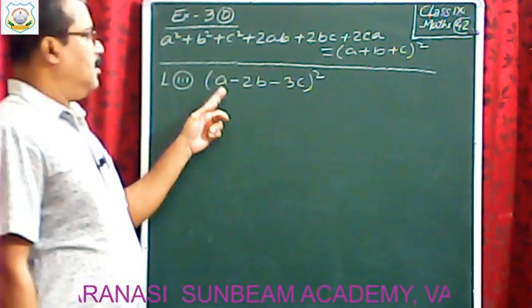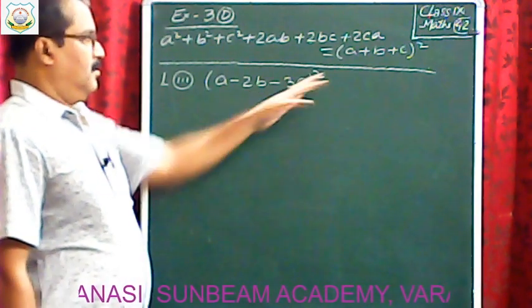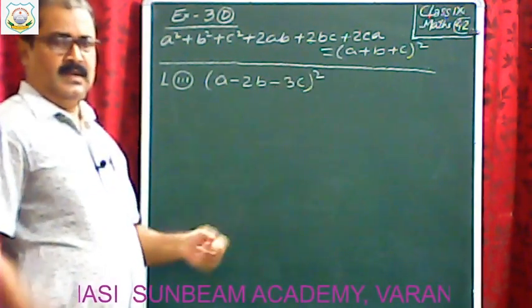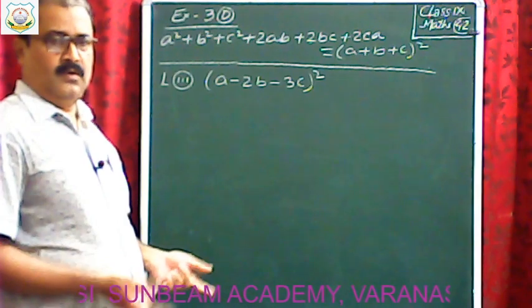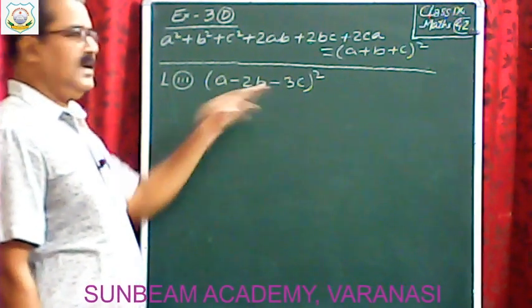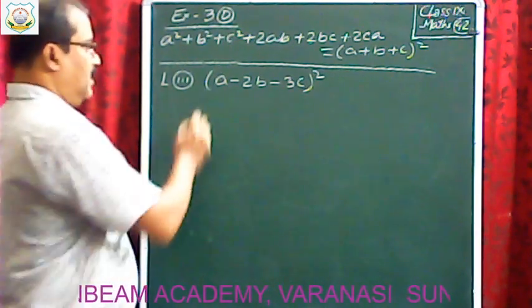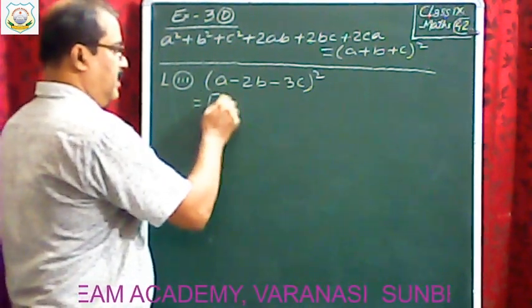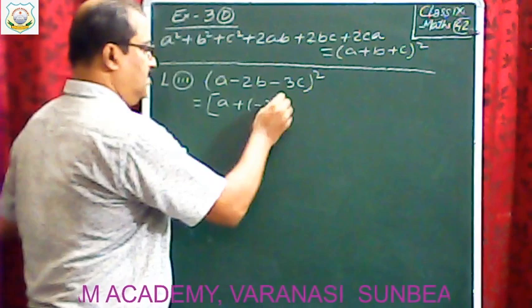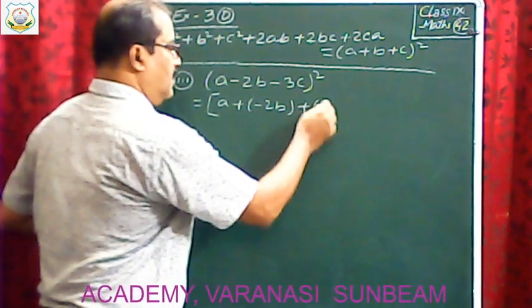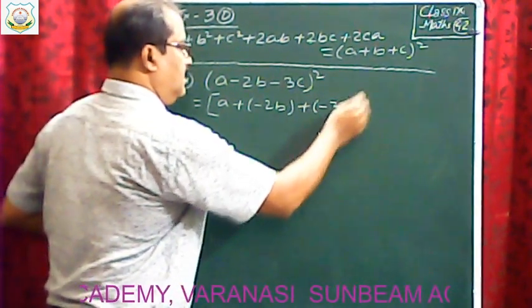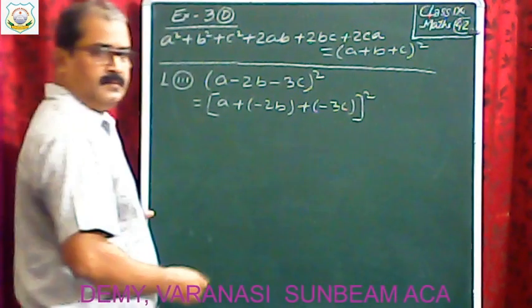So we know the formula given: a plus b plus c whole square. While we have 2 negative terms, so according to the identity you have to formulate. We write it this way: a plus minus 2b plus minus 3c whole square.